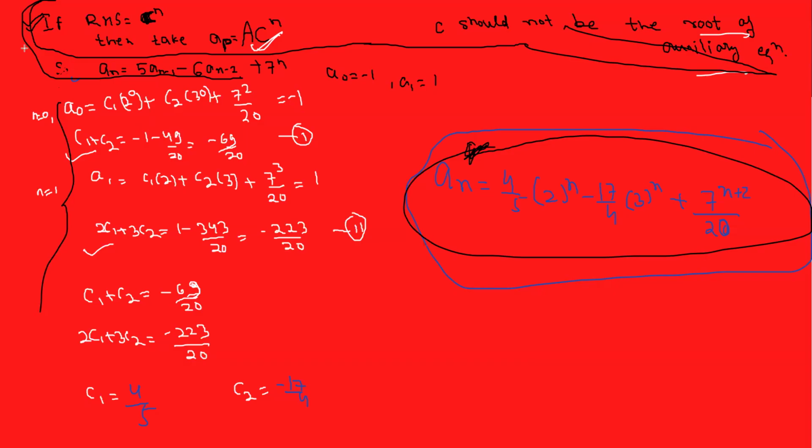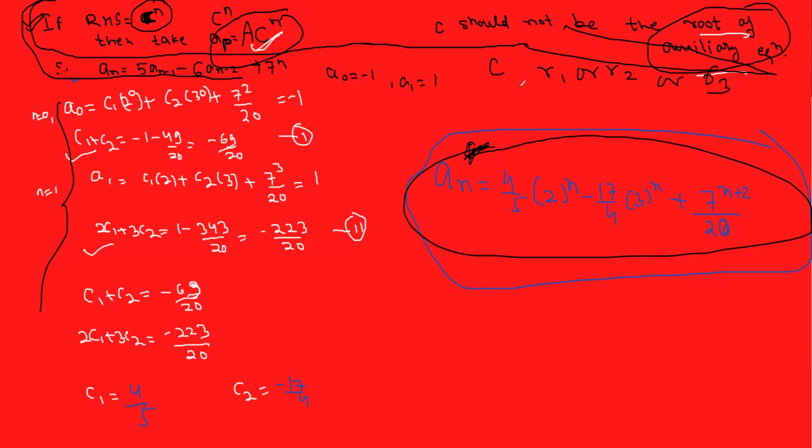Okay, see. If the right hand side is in the form of c raised to n, c is any constant, then always consider the particular solution is this. But one condition: C should not be the root of the auxiliary equation. Or you can say C should not be equal to R1 or R2 or R3. Understood?